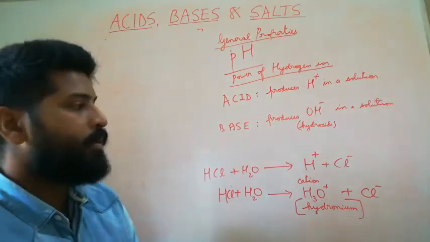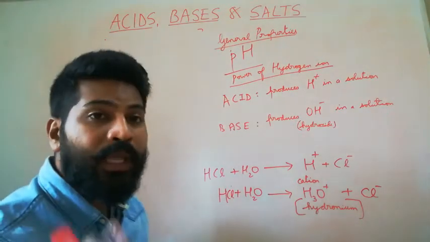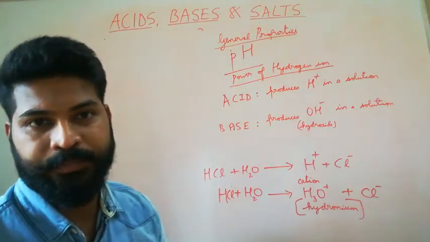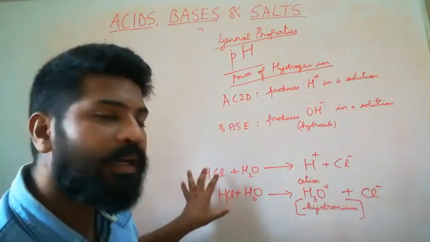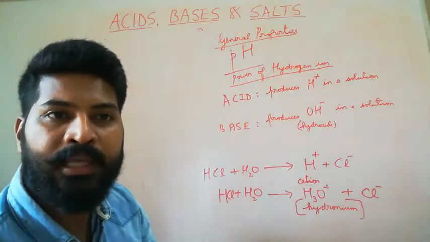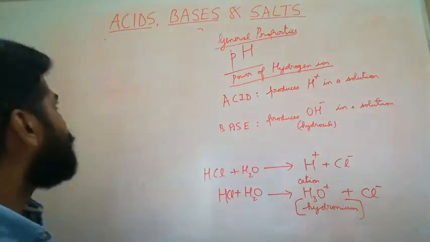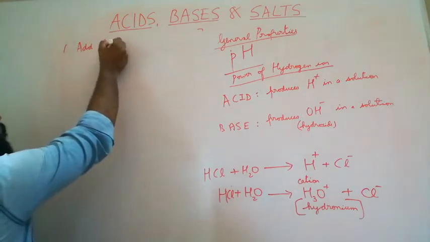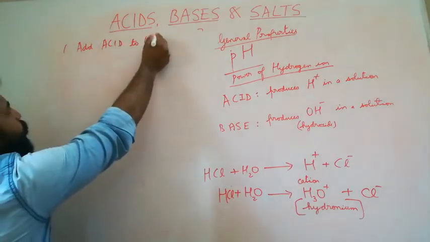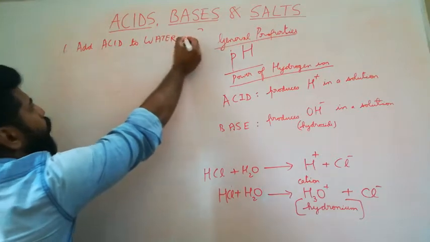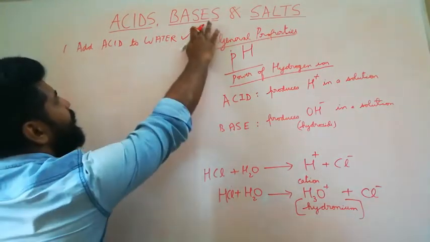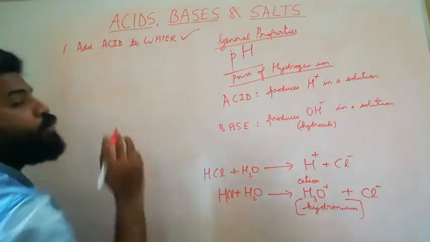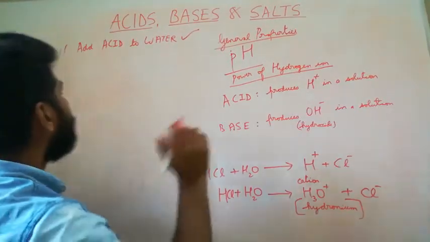Another important thing to keep in mind while making solutions of acids and bases is always add acid to water. That is the right way to make a solution of an acid.